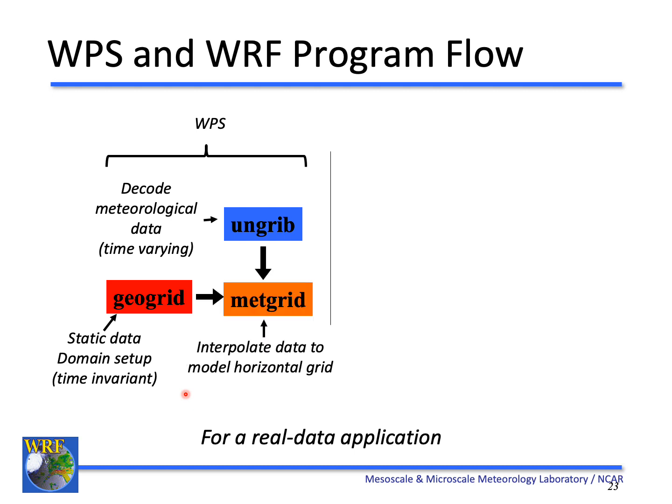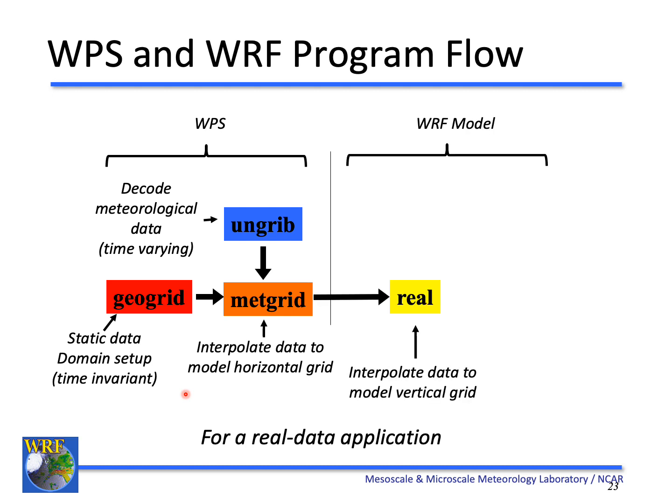Program METGRID takes the domain information from GEOGRID and the data from UNGRIB and interpolates it onto the model domain. This interpolation is only horizontal. Once the data is processed by WPS, they can be used by program REAL, which defines the model vertical grid and interpolates data to that vertical grid.